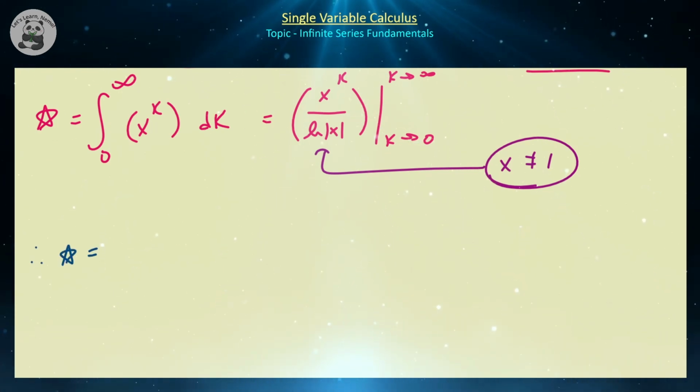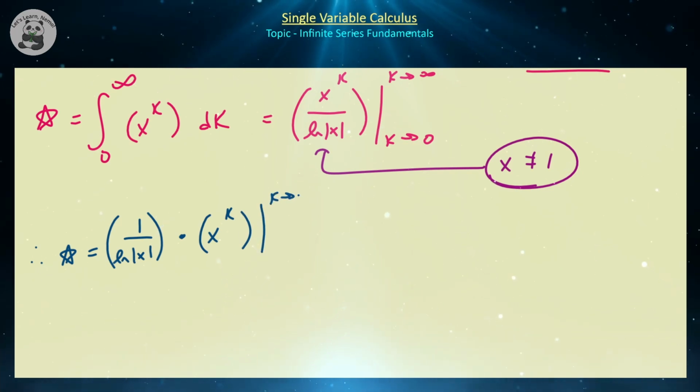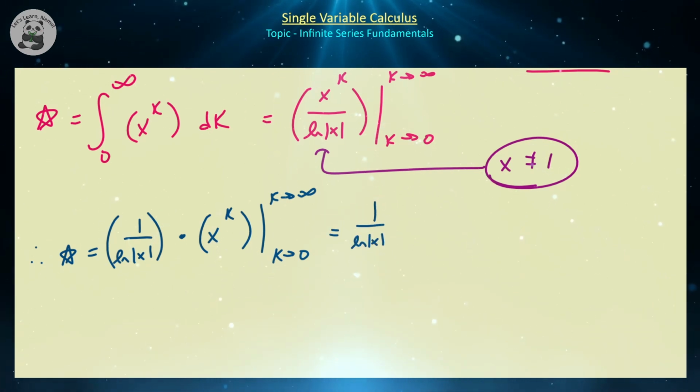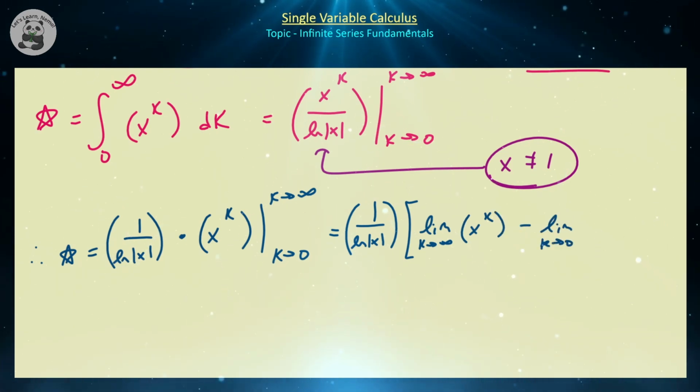So our integral is equal to 1 over the natural log of the absolute value of x, times x^k as k goes to infinity and as k goes to 0, which we can write in limit form as 1 divided by the natural log of the absolute value of x times the limit as k goes to infinity of x^k minus the limit as k goes to 0 of x^k.